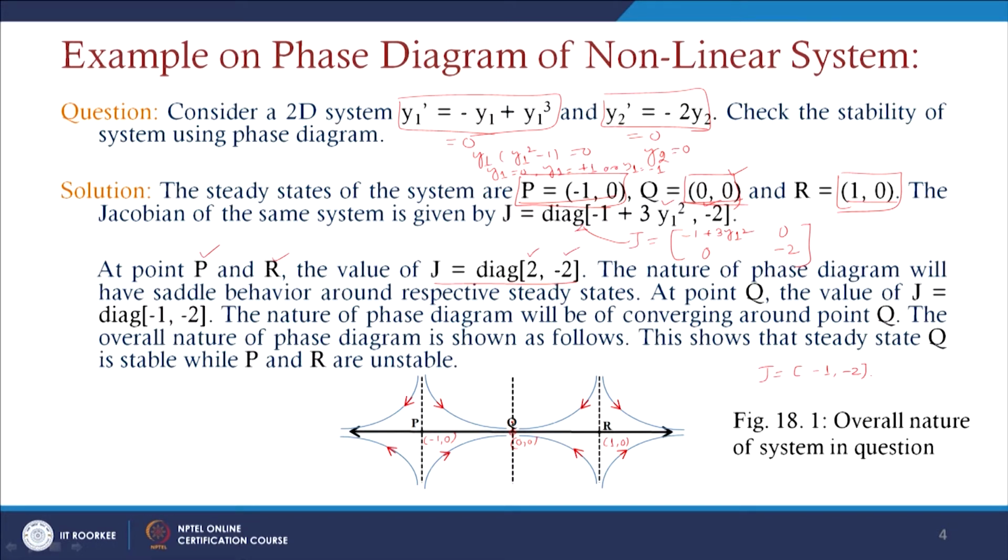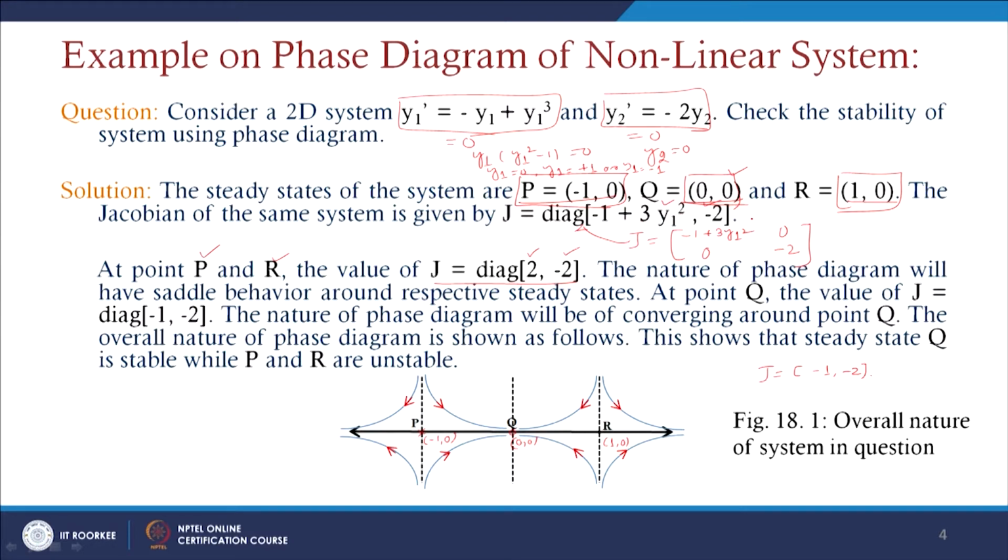And if you look at the overall nature of this phase diagram, at the point p, suppose I put in minus 1, 0. If I put y1 equals minus 1, that gives you 3, then 3 minus 1 is 2, and the other entry is minus 2.